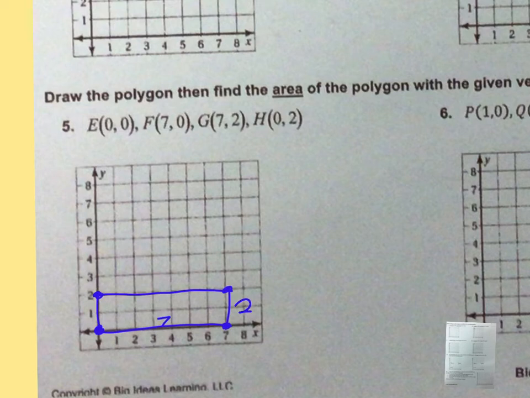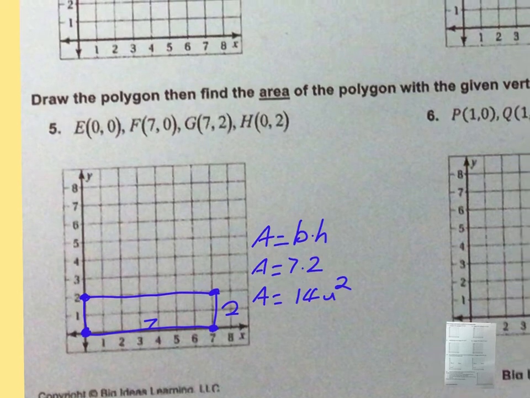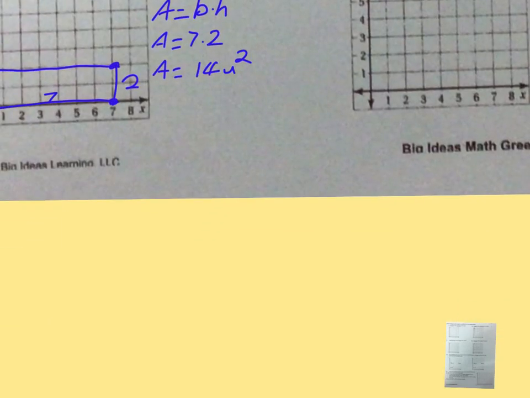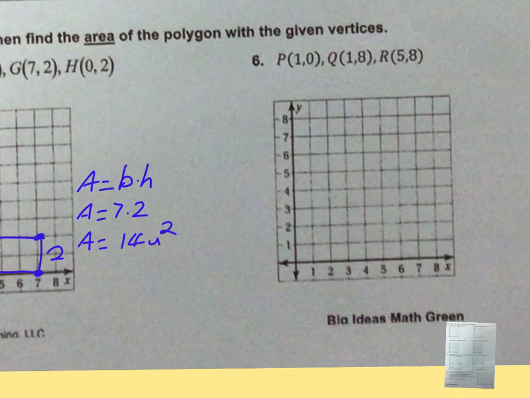We are going to use our formula, area equals base times height. The base is 7, the height is 2. Area equals 14, and it doesn't give us inches or any unit of measurement, so we're just going to call it units squared. Give number 6 a try, and let's look at the other side of the paper now.